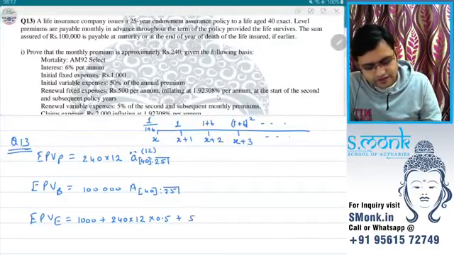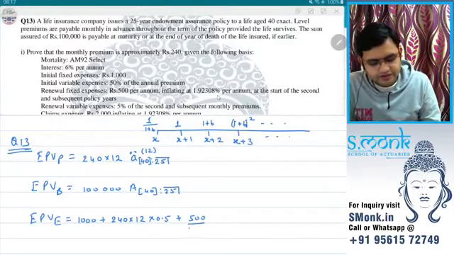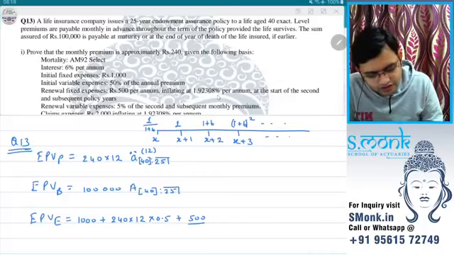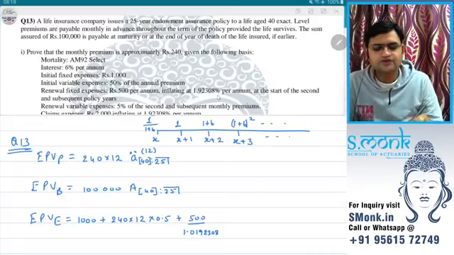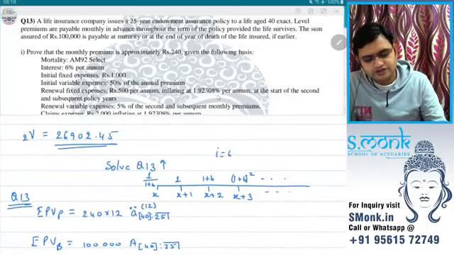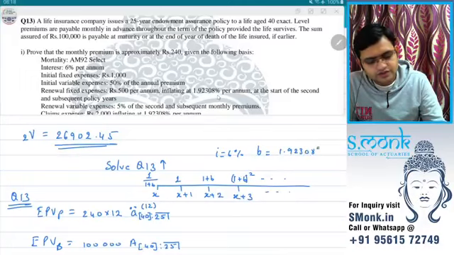I'll have 500 divided by 1 plus b, or you can write it as 1.019238. If i is 6% and b is 1.92308%, then our i dash is going to be 4%.